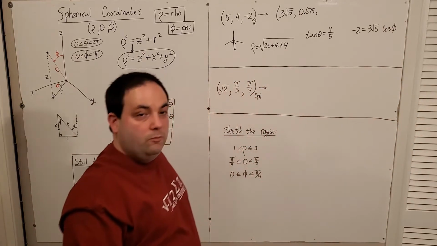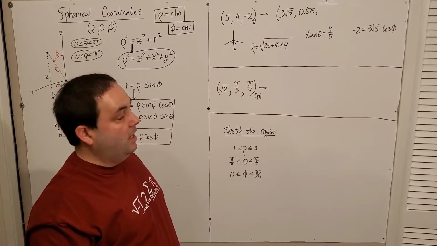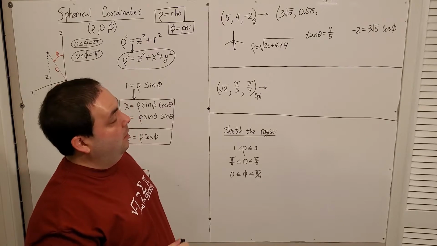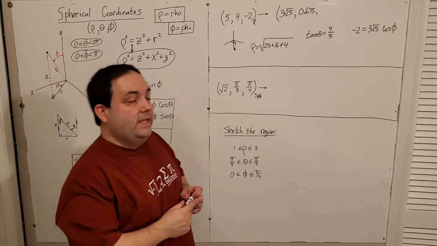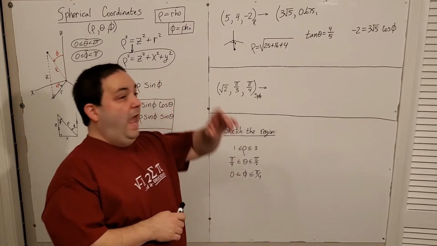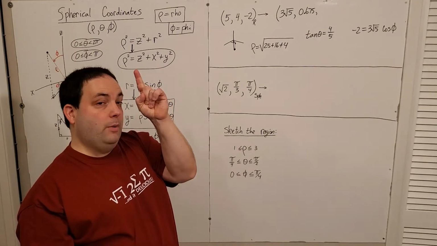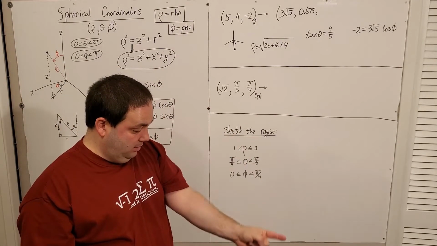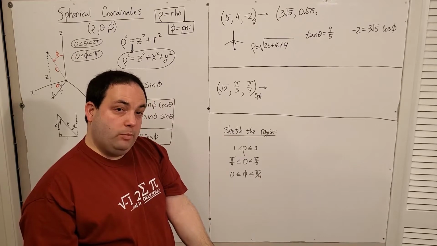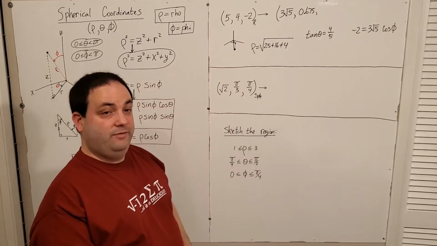Since I've already figured out what rho is, I can easily get my phi from that. And I want you to notice now that I'm going to get something bigger than pi over 2. And I should, because I'm starting from up here and I'm rotating down below the xy plane, because the z is negative.